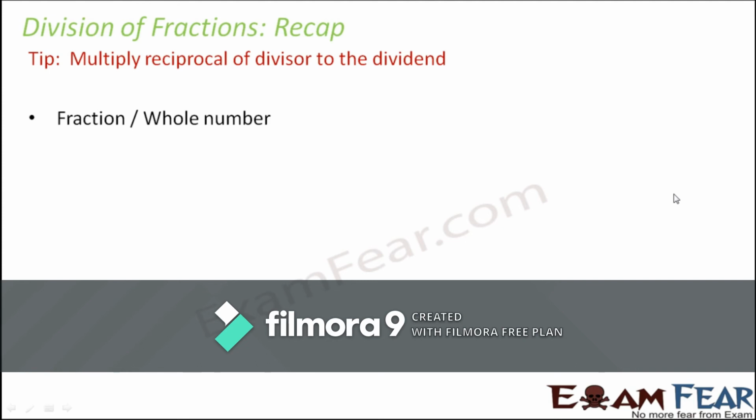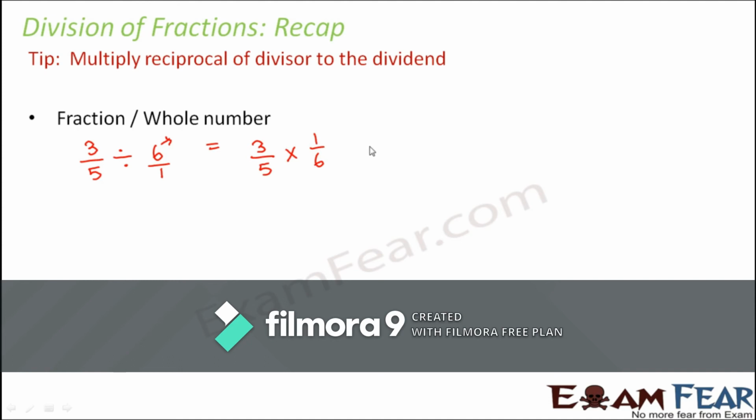The first scenario could be a fraction divided by a whole number. For example, 3/5 is a fraction divided by a whole number like 6. So which is the divisor here? 6 is the divisor. So this actually means 3/5 multiplied by the reciprocal of the divisor. How do you get the reciprocal of the divisor? Just interchange the numerator and denominator.